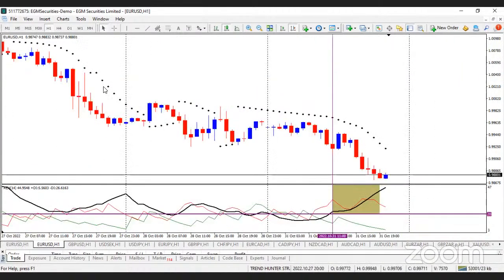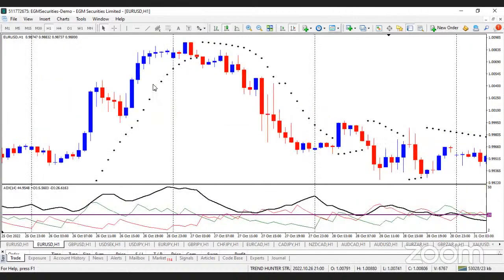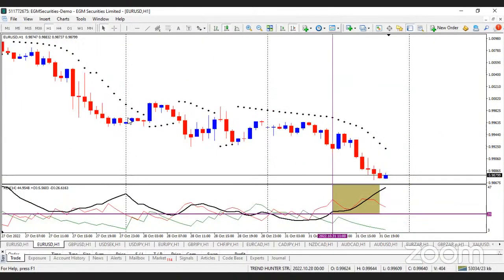So earlier today, if you have been tracking EUR/USD, you'll notice that this indicator, in conjunction with parabolic stop and reverse, could have given you an indication when the momentum was on the rise.